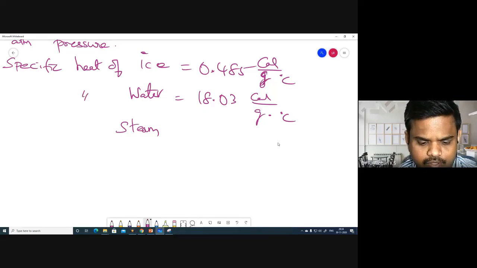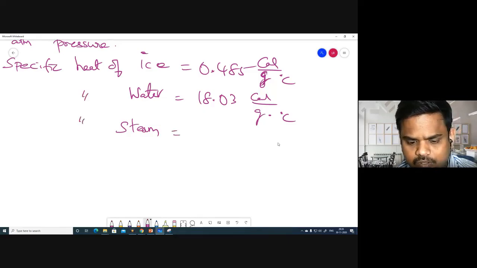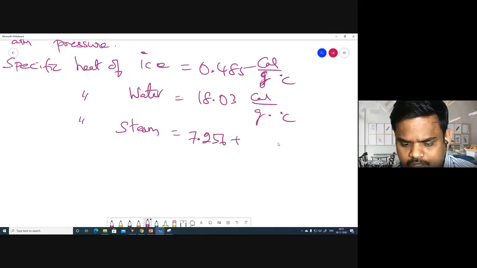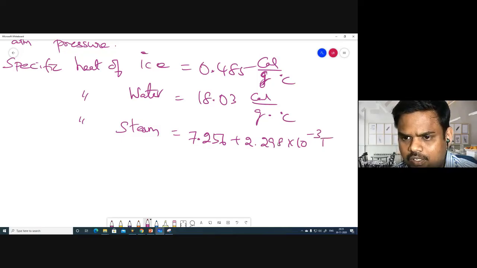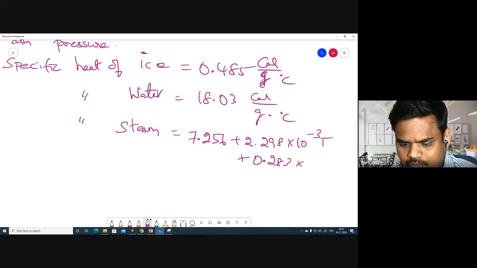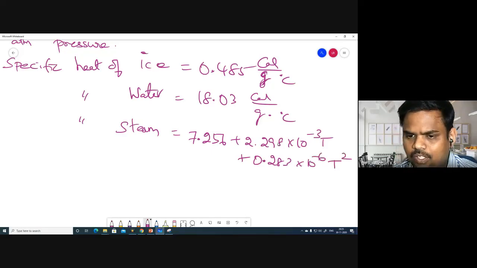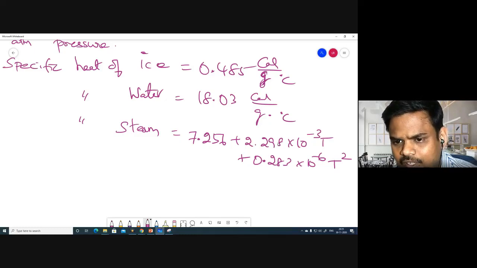Specific heat of steam is equal to 7.256 plus 2.298 into 10 power minus 3 T plus 0.283 into 10 power minus 6 T square. By this time you might have observed that the A value will not have any exponential term.